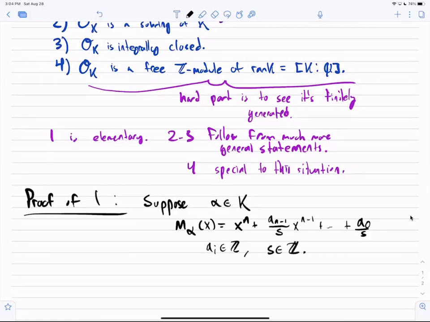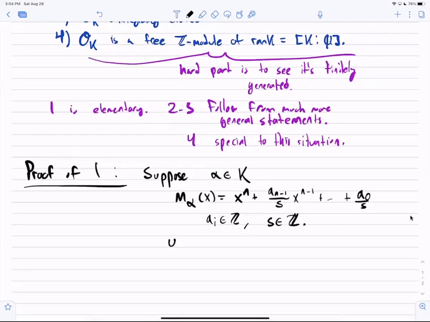I've taken my coefficients, which I know are rational numbers, and chosen a common denominator, so I can write them like this. And then I'm going to make the substitution y equals s times x. So that's the same as saying x is equal to y over s.